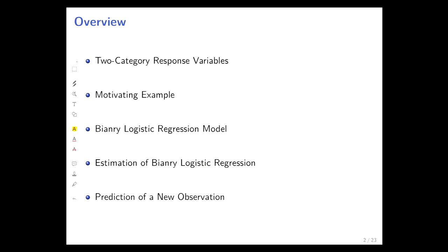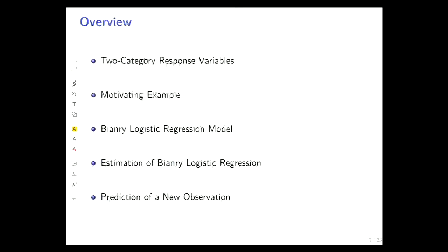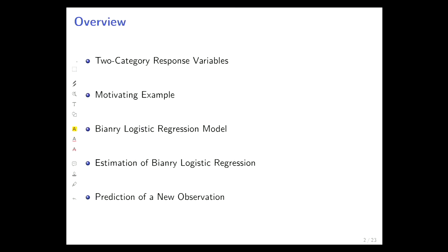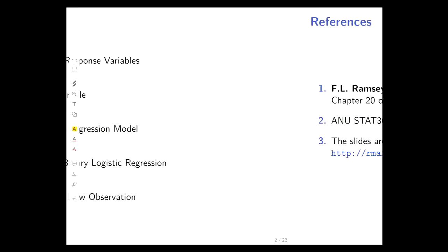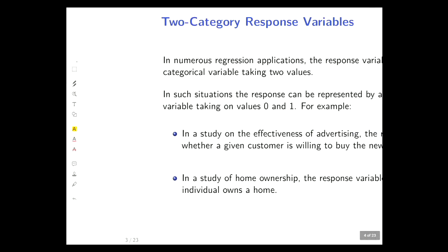I think the structure here is similar to the first lecture of multiple linear regression model or the first lecture of the simple linear regression model. And finally, by using this model, we can actually predict this kind of 2-category response variable, and we will briefly mention the prediction of this new modeling. So you can have a look at those references.